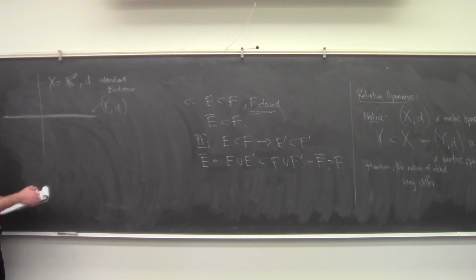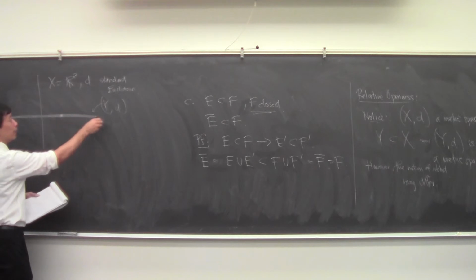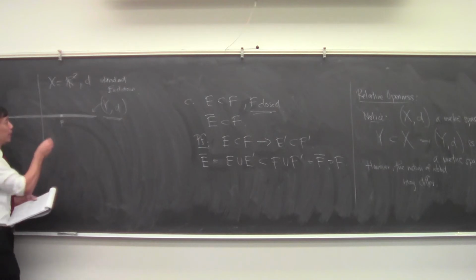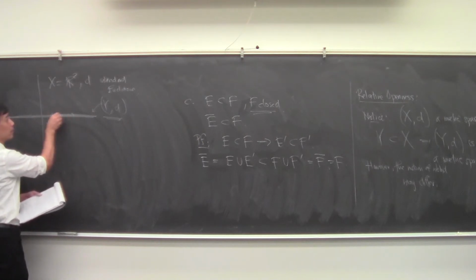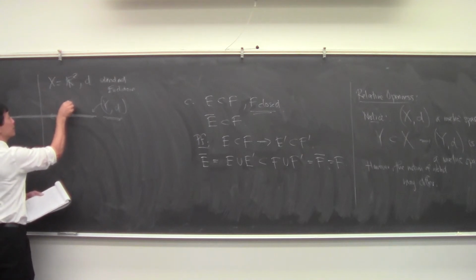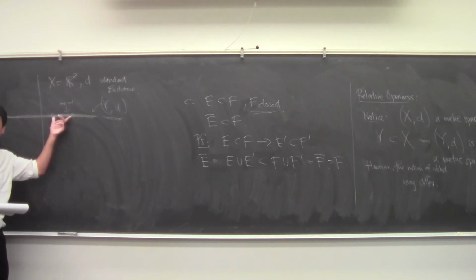So what's an open set in Y? What's a neighborhood in Y? If I take a point here, the neighborhood is going to be some interval of some radius. But that's not an open set in your original space.